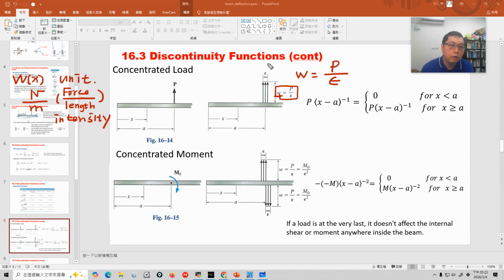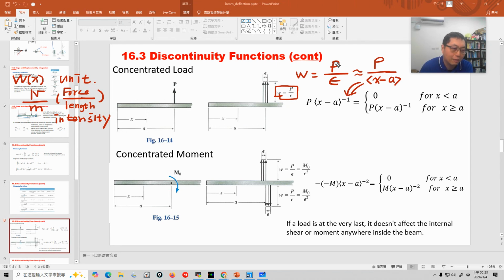Then we replace this epsilon by the discontinuity function, and you can see it's P times x minus a to the power minus 1. As I said, this is a very rough, very intuitive derivation.